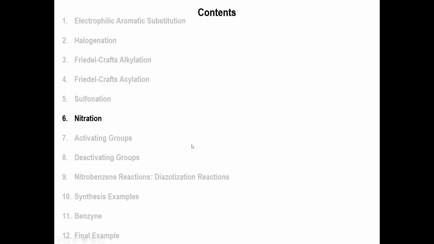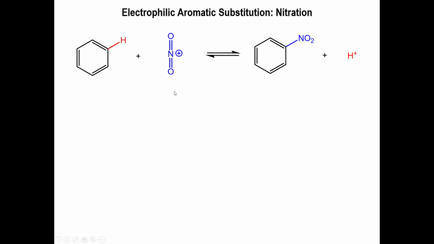Okay, so let's talk about a somewhat similar reaction, the nitration reactions. In the nitration reaction, you react your benzene ring, your aromatic ring, with the NO2 plus cation, which is a strong Lewis acid.